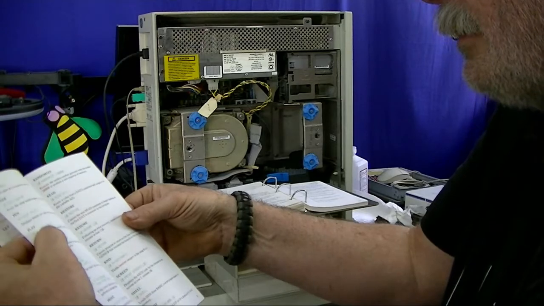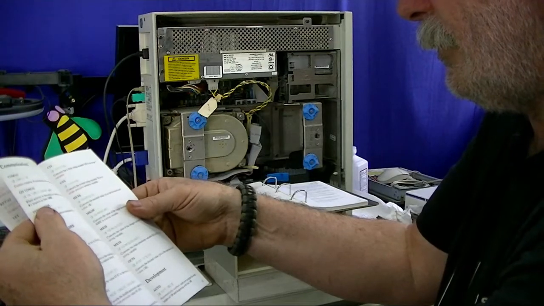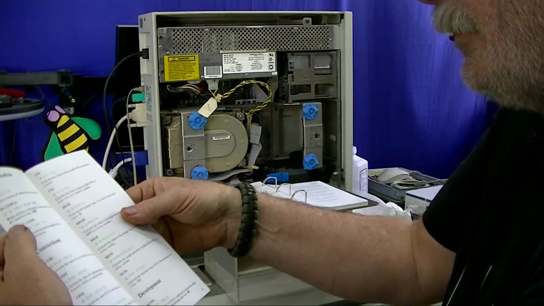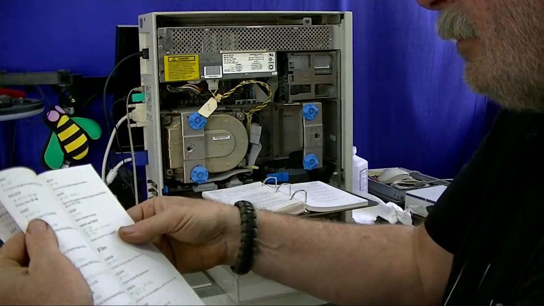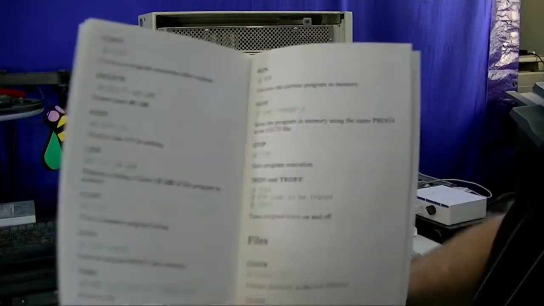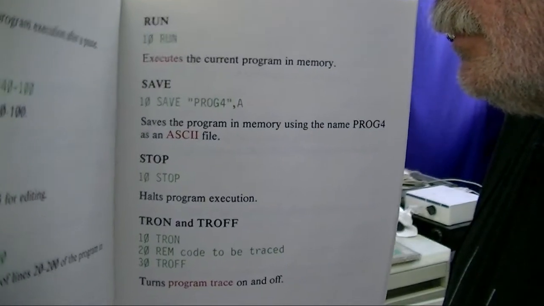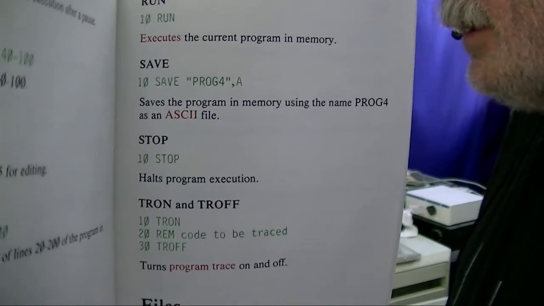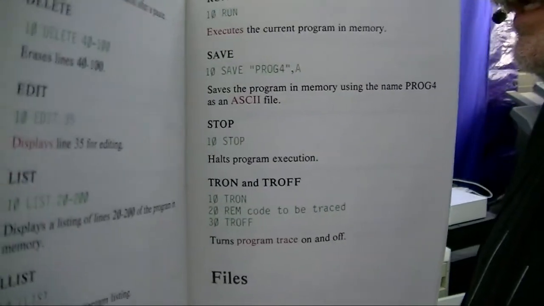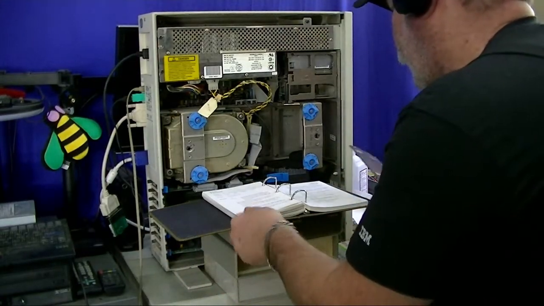Okay, development conversions, communications. Okay, there we go. So it even refers to save, with quotations, program 4, comma A, and it talks about saving it as an ASCII file. So it's demonstrating that comma A ability within the quick reference as well.